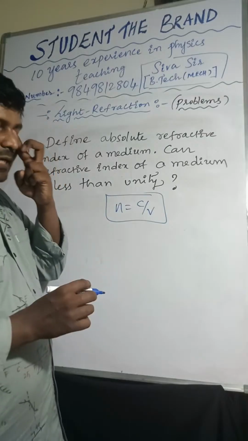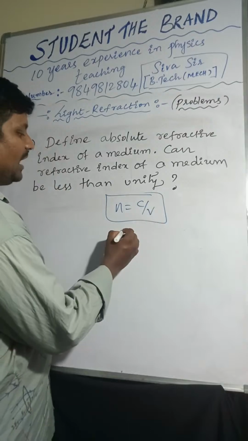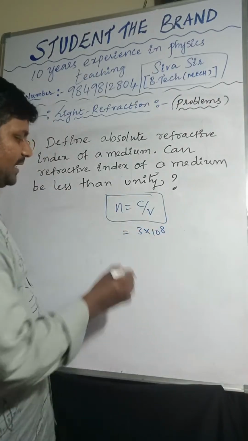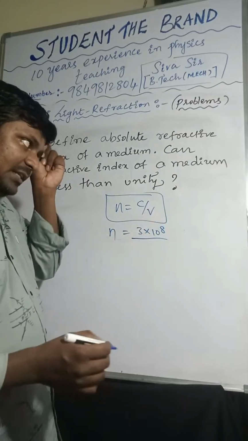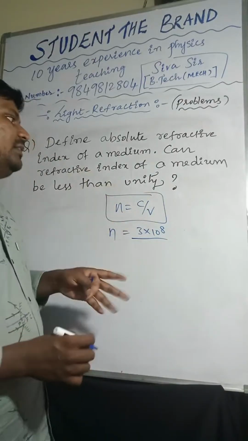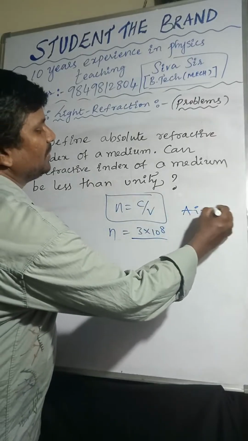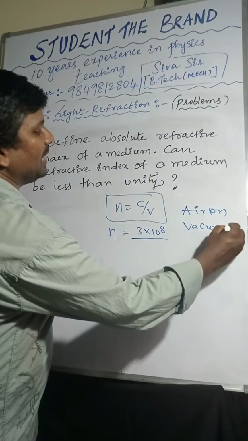Here n equals c by v. The normal speed of light is 3 into 10 power 8 meter per second. Generally the speed of light is more in air or vacuum, so in any other medium the speed cannot be greater than this.